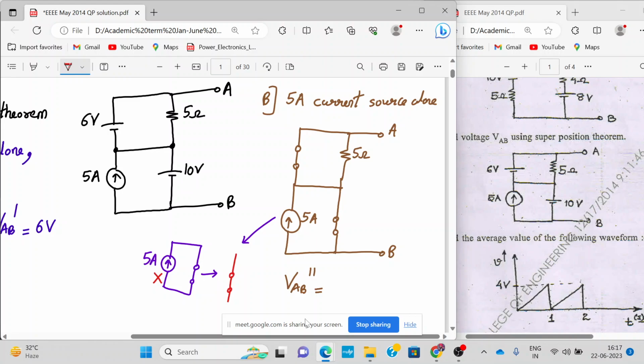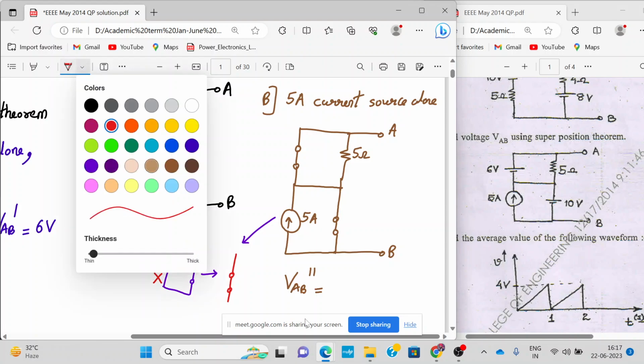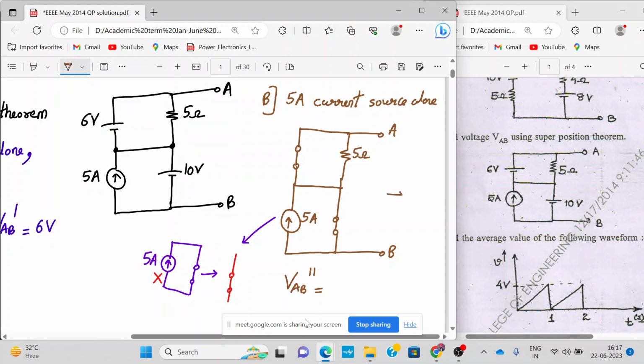No current is flowing, and this is also a short circuit. Let me redraw it. The circuit is as good as this. Now tell me what is VAB, because 5 ohm in parallel with a short becomes a short. VAB is 0 volt. Is this clear to you? Yes, sir. All right.